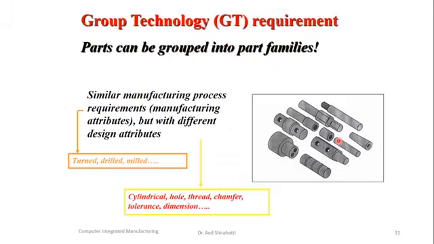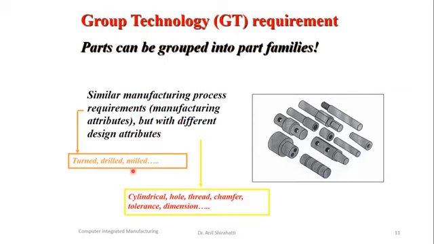Before flexible manufacturing systems, we initially used group technology. What group technology is: parts can be grouped into part families. What it means is similar manufacturing process requirements but different design attributes. For example, I can have turning, drilling and milling.